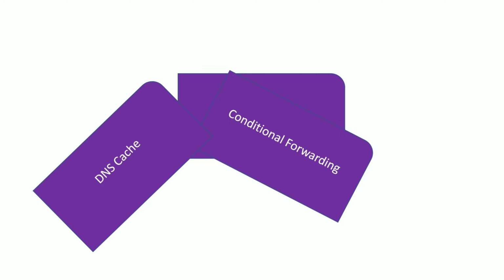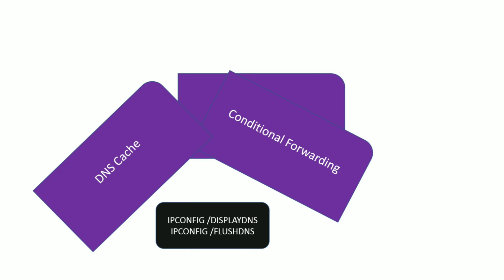Go to the command prompt and type ipconfig space slash displaydns. All the DNS entries will be displayed. If you want to clear them, you can go to the DNS manager and right click to clear the cache, or you can just type the command ipconfig space slash flushdns, which will clear all the DNS cache.